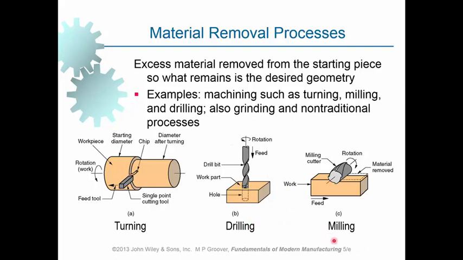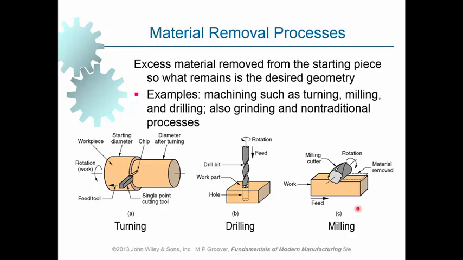And in the milling operation, again we make use of a round rotating cutting tool similar to drilling. However, the difference is that in this case the workpiece also moves, as you can see, along the feed direction in order to make it possible for the cutting tool to take the cut from it.